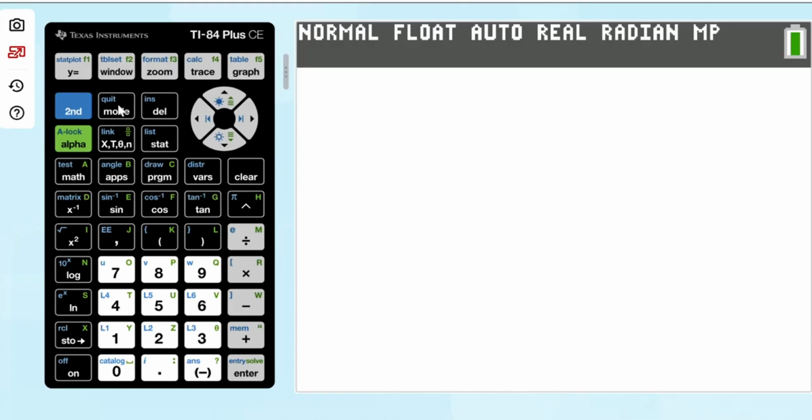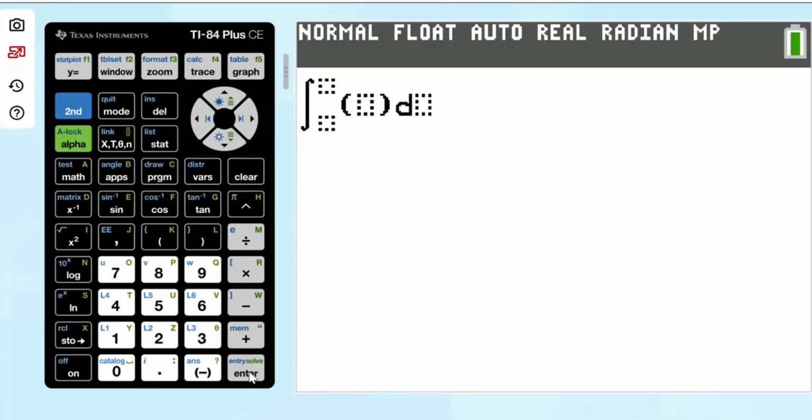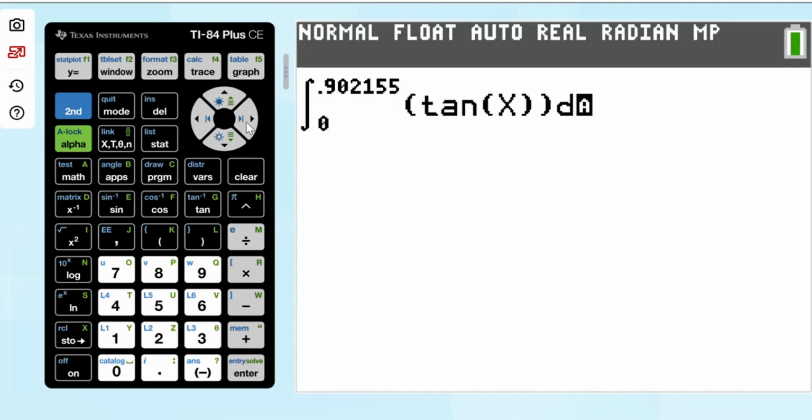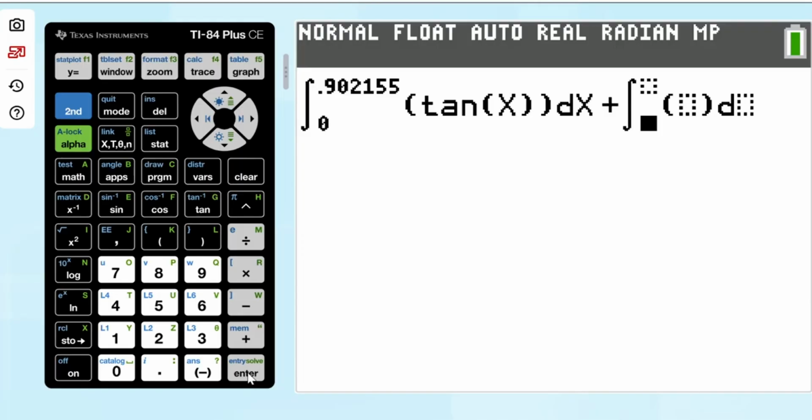We're going to go out of here. We're going to hit math and go down to option number 9 and do an integral from 0 to that a value, which was 0.902155. And at first, our first function that bounded it was tangent x. And then we will integrate from that same value, 0.902155, up to the cube root of 2.